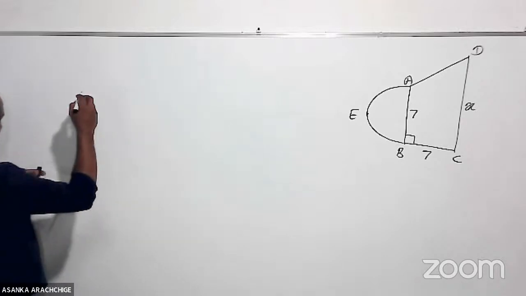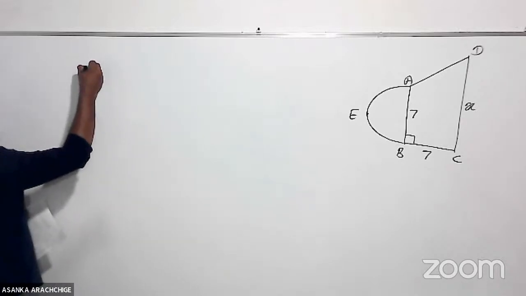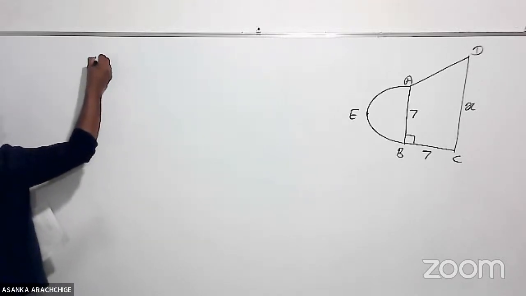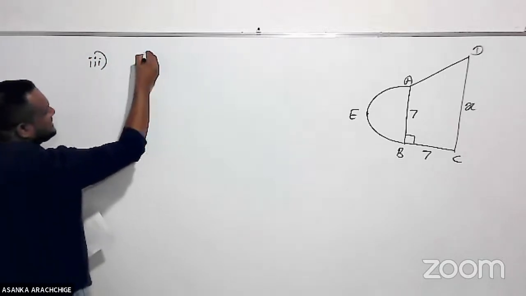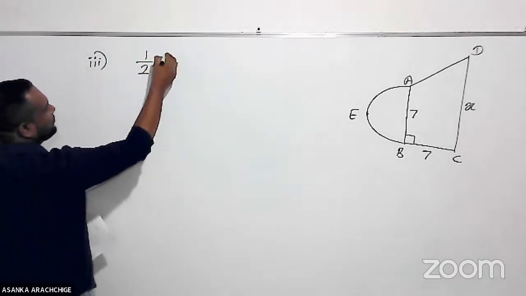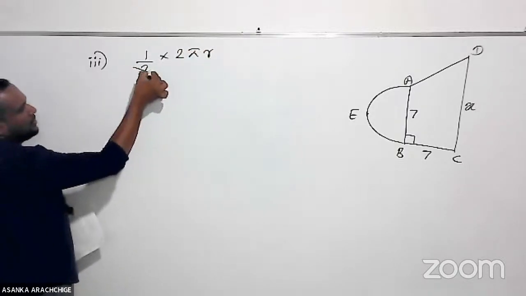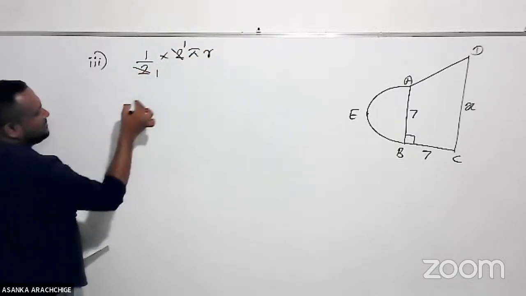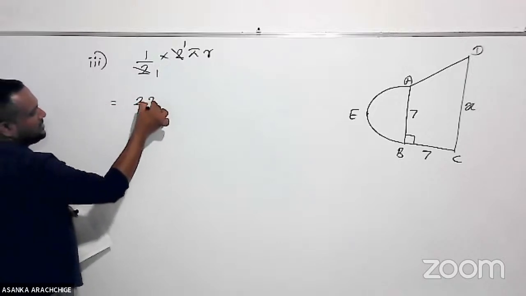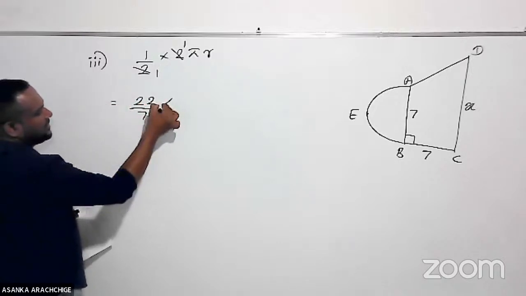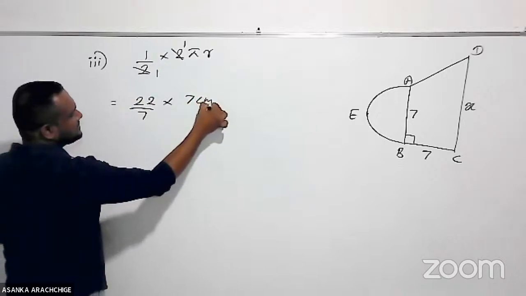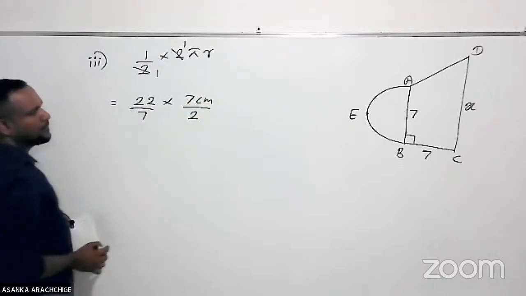Then the length of AED, number 3. That must be half of 2 pi r. Pi is 22 upon 7. Radius is 7 centimeters upon 2.